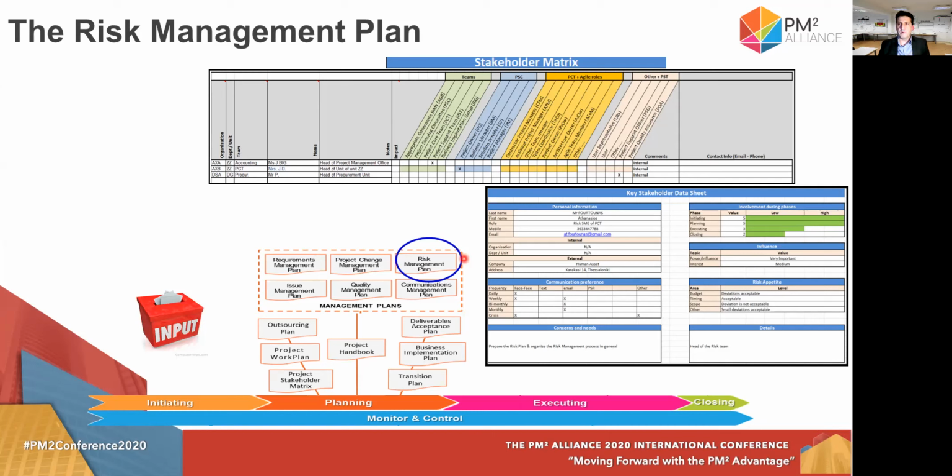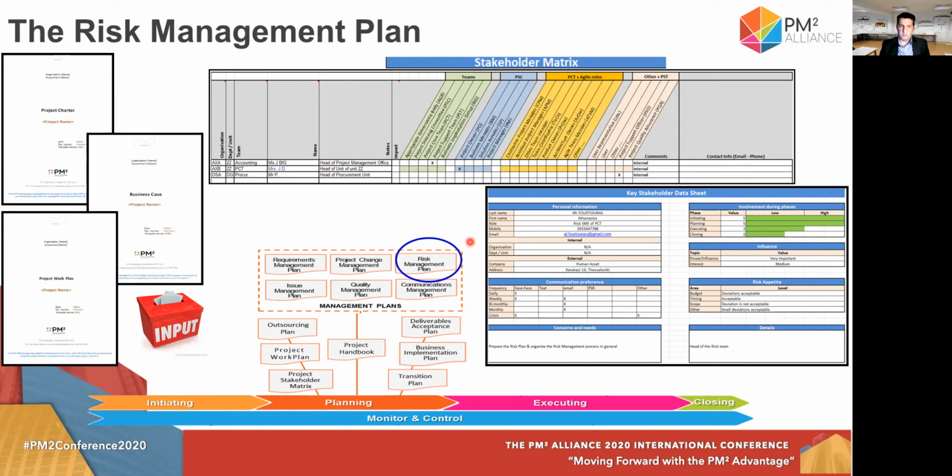That's why what I'm proposing, as I do in my workshops, is: if you have a big project and a big number of project team members, and you have specific people who are dealing with the risk, delegate one of them to join the stakeholder management team at the beginning of the project, so as to retrieve information about the stakeholders. And of course, you also have to read before that the project charter, the project work plan, and the business case.